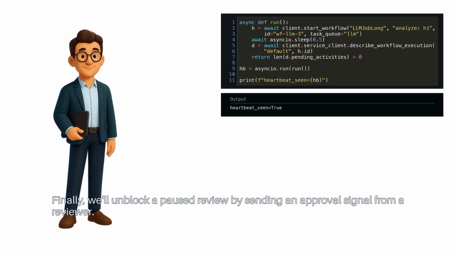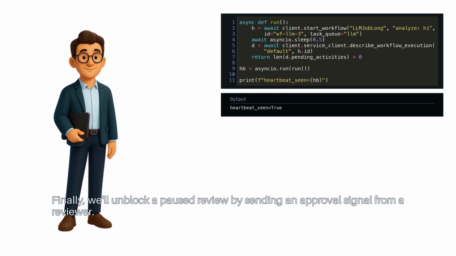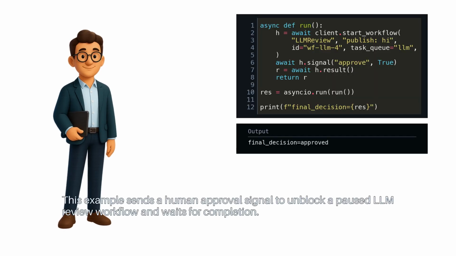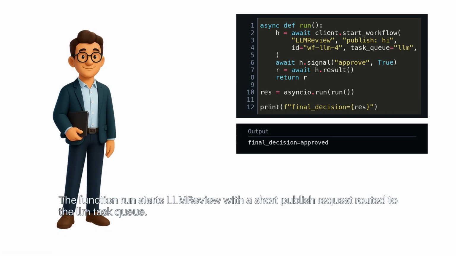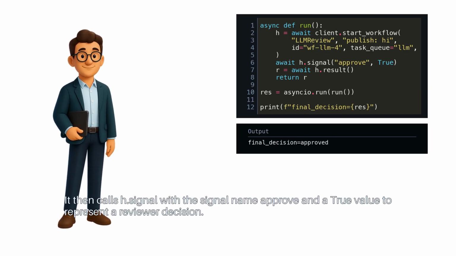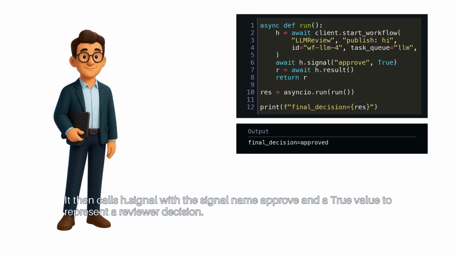Finally, we'll unblock a paused review by sending an approval signal from a reviewer. This example sends a human approval signal to unblock a paused LLM review workflow and waits for completion. The function run starts LLMReview with a short publish request routed to the LLM task queue. It then calls h.signal with the signal name approve and a True value to represent a reviewer decision.